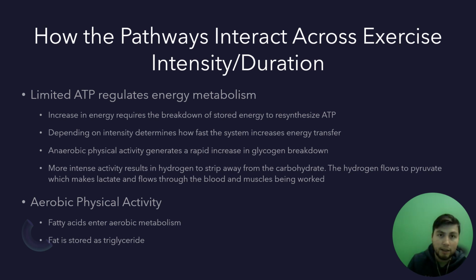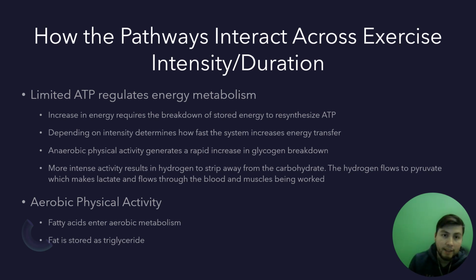So taking a look at how these pathways interact across exercise intensity and duration. ATP is limited and regulates energy metabolism. So the more you work out, the more intense the workout is, the increase in energy that is going to be required.